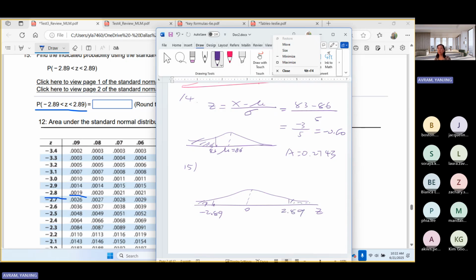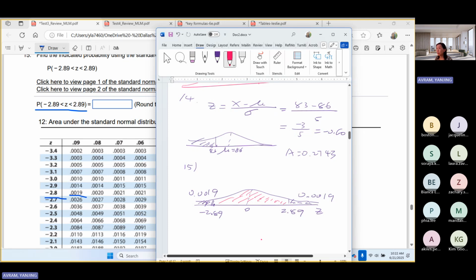As I mentioned earlier, this area is 0.0019. Since these two z-scores have the same absolute value, this right tail is also the same as this left one. And I want to find this empty one, this middle one, right? So the z-score greater than this one and less than this one, that means I need to find this middle part.